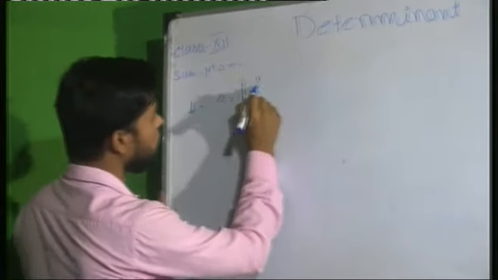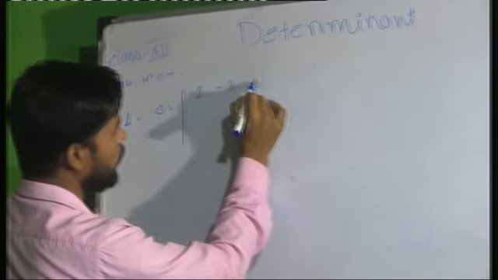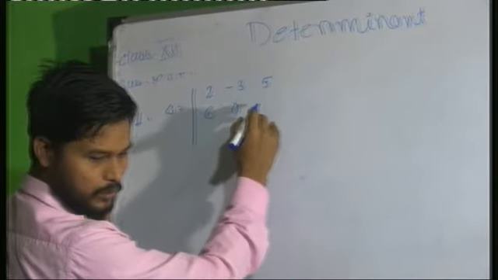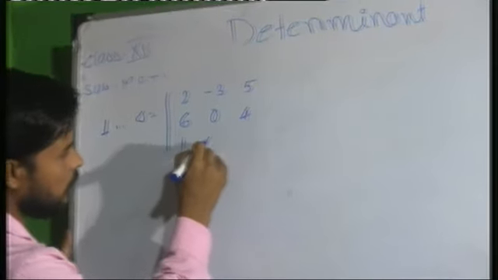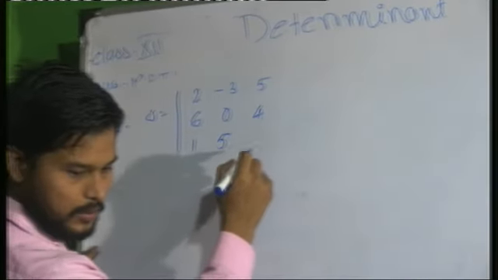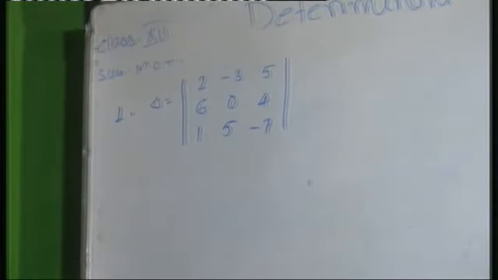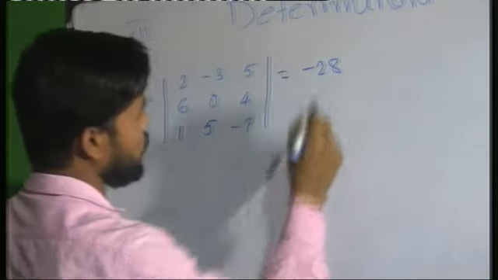Okay, so for example, let delta equal to, suppose, 2 minus 3 5, 6 0 4, 1 5 minus 7. Okay, so we are taking the previous example and the value of the determinant is minus 28.